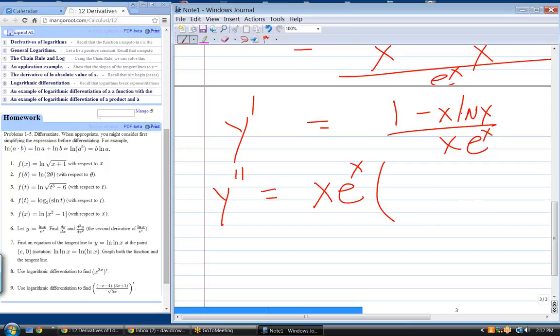Because now we have to apply the product rule. So let's start with the first term, minus x, times the derivative of natural log of x. What is that? Okay. The 1 over x. Plus the reverse, which is the derivative of minus x, which is minus 1, times the other term.